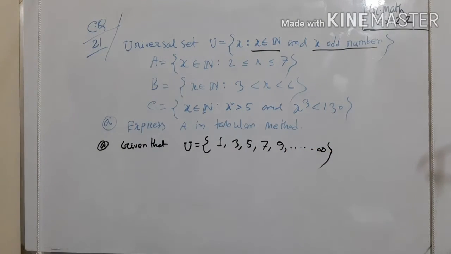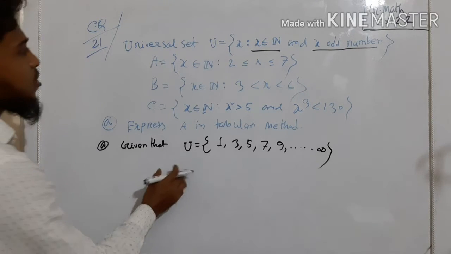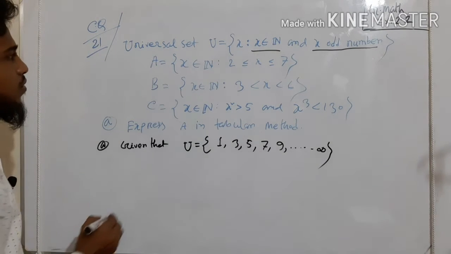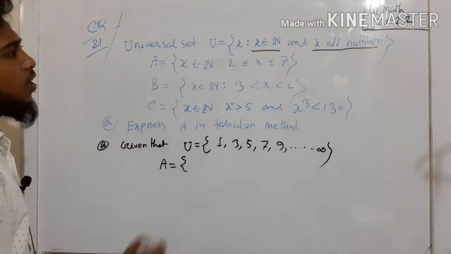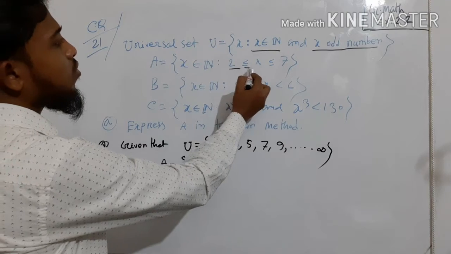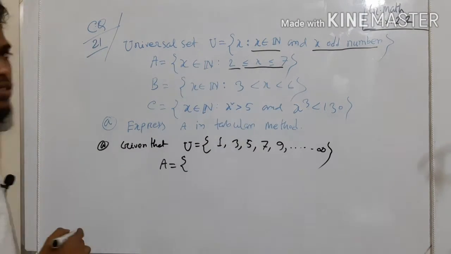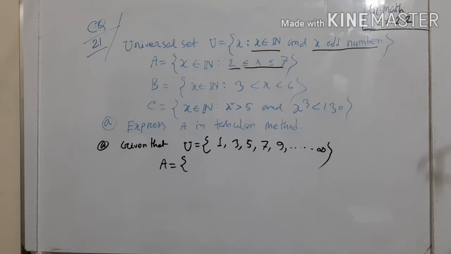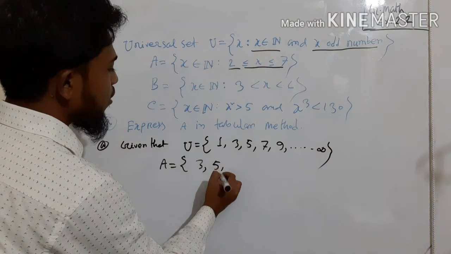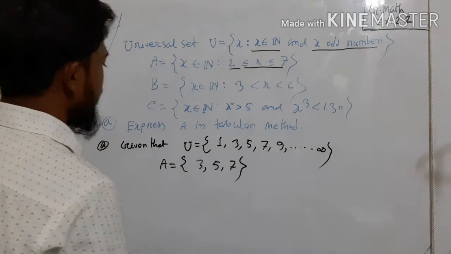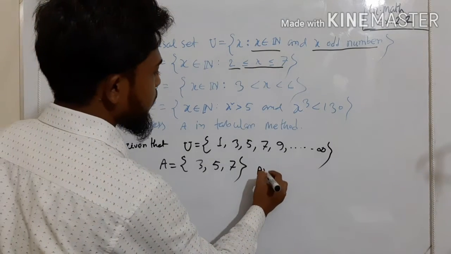So as per the condition, we can write A equal to, here 2 is less than or equal to x is less than or equal to 7. So {3, 5, 7}. This is our answer.